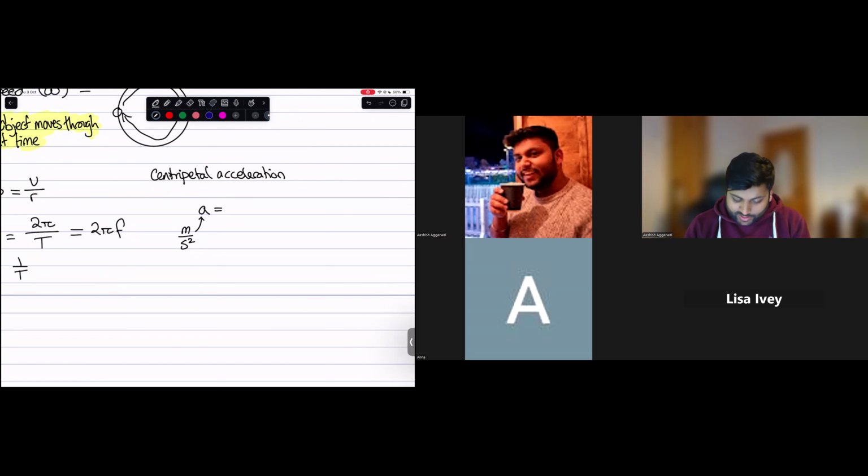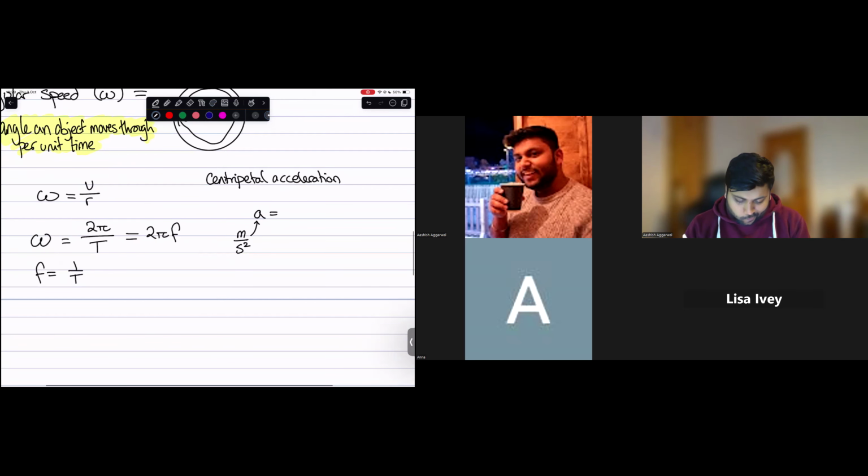So meters per second squared, what else could we include in this equation? Acceleration could be equal to something that we've got on the left side. Frequency squared multiplied into the distance, which is in units of meters.